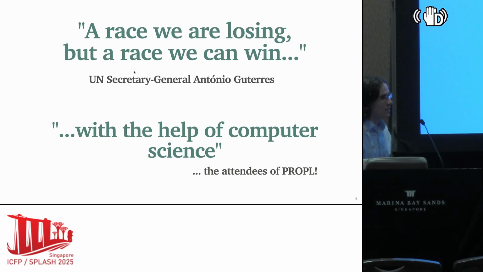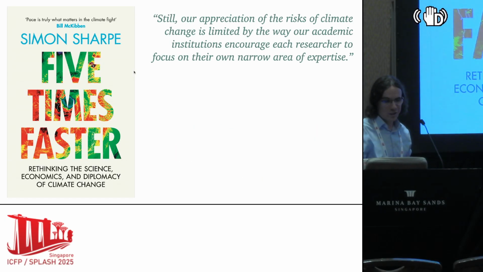And I think what's really exciting at this time is that we are seeing that things are changing, which is fantastic, and there's a lot of really positive things going on, but we also have to move faster. There's this wonderful book called 5 Times Faster by Simon Sharp that goes through the institutions that we have in terms of our economic systems, academia, diplomacy, and looks at how there needs to be a big reorienting if we're going to speed things up.